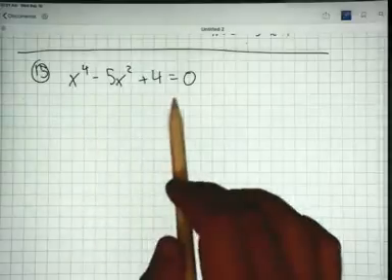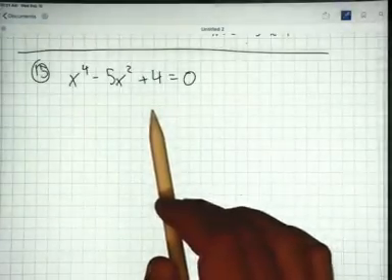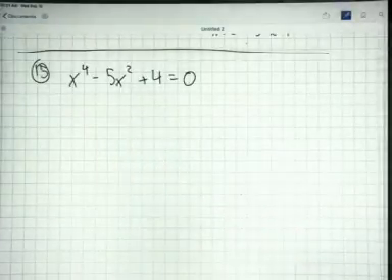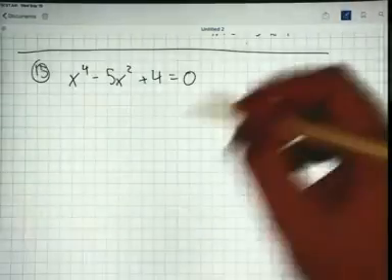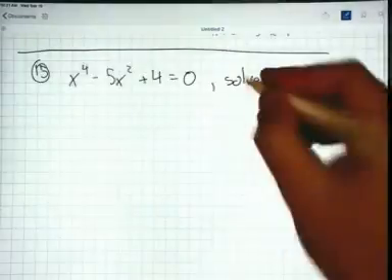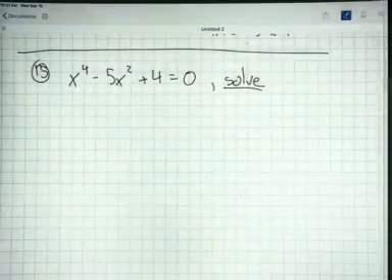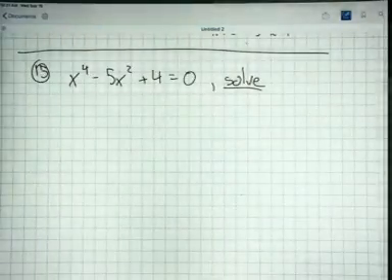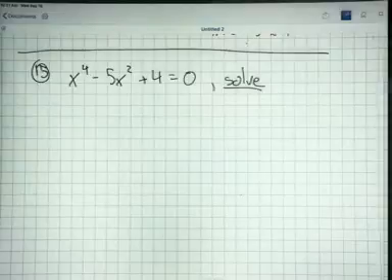Let's pretend I gave you this problem on the exam. I'm not going to tell you that it's quadratic type. I'm just going to say solve. I'm not going to tell you what kind of equation it is, and I'm not going to tell you how to solve it. All I'm going to do is say solve.